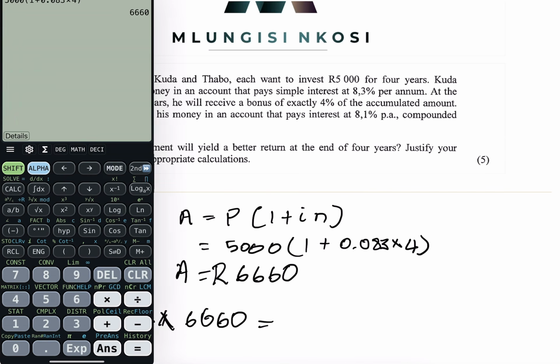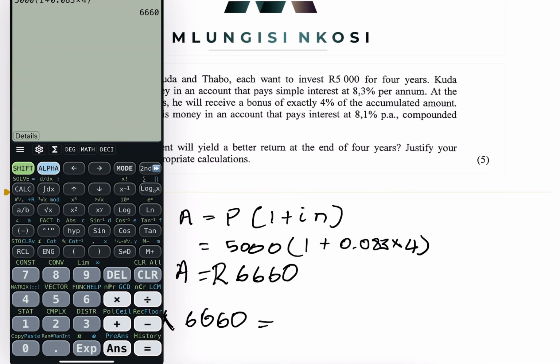Okay, so what does that give us? I get 266 Rand and 40 cents.